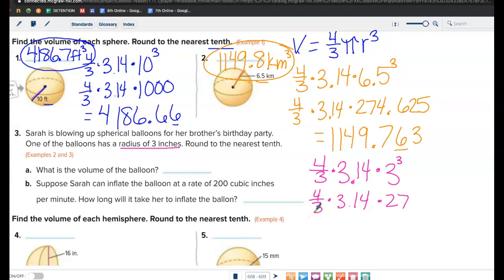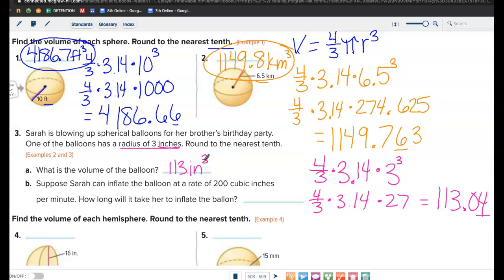Again, if your calculator doesn't do fractions, you can take 4 times 3.14 times 27 and then divide by 3. It will give you the same answer. I got an answer of 113 and 4/100. To round to the nearest tenth, my 4 tells my 0 to stay the same. So the volume of my balloon is 113 inches cubed.